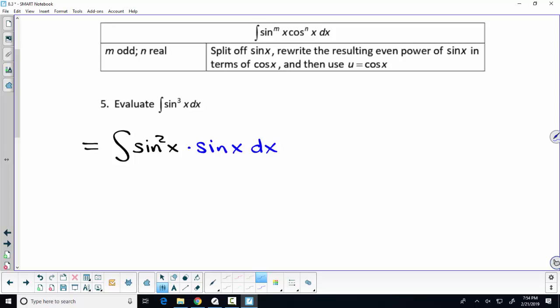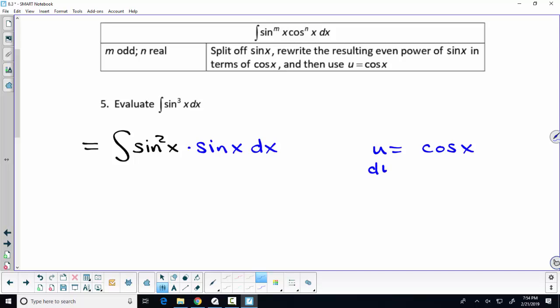So our u substitution should be cosine, because the derivative of cosine is a negative sine, right? If this is du, the antiderivative of sine is negative cosine. So we should allow u to be cosine, or you can let it be negative cosine if you want.